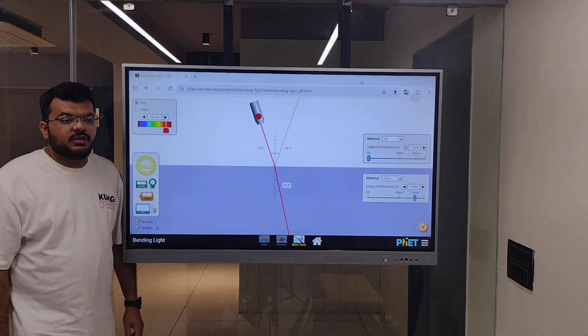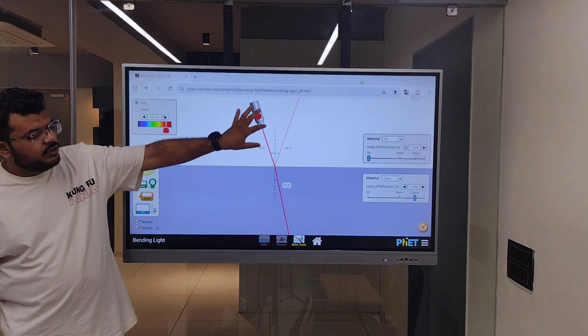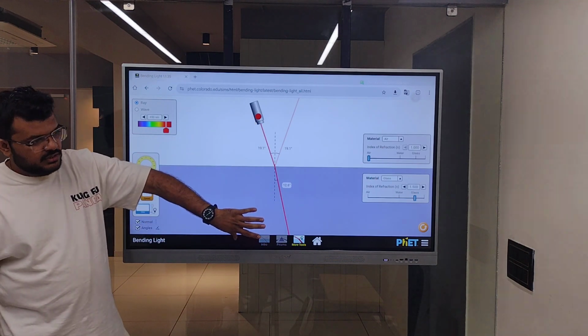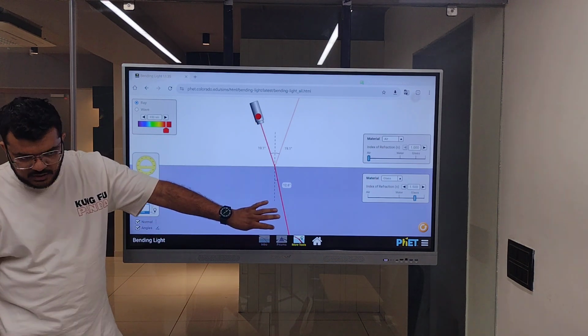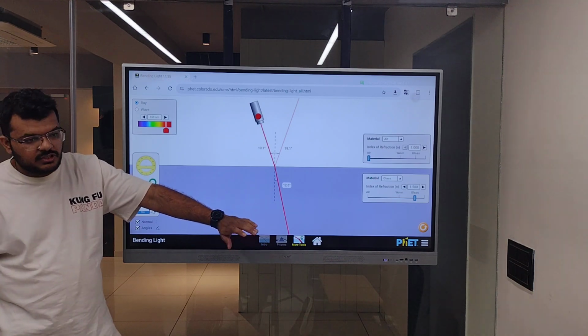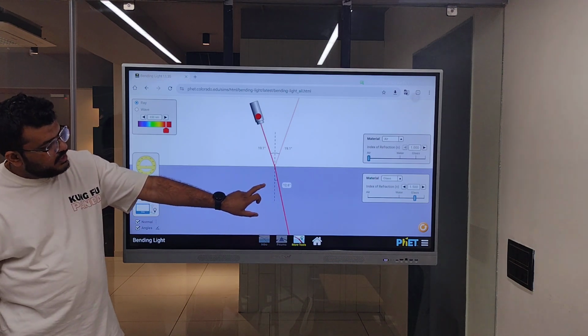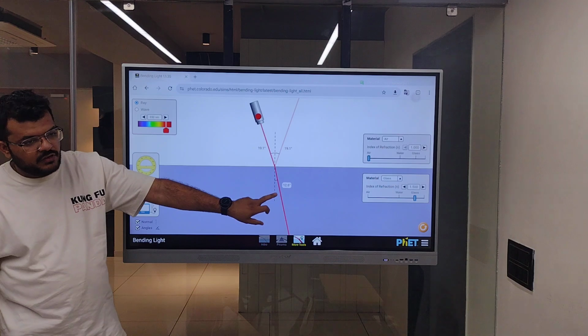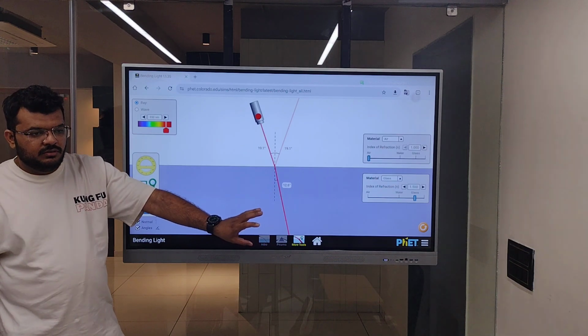This is what I was explaining, that when it is going from rarer to denser, the angle is decreasing, so slowly it will reach 0. But the only angle of incidence where the angle of refraction is 0 is 0.